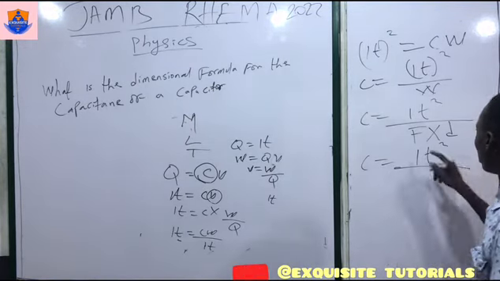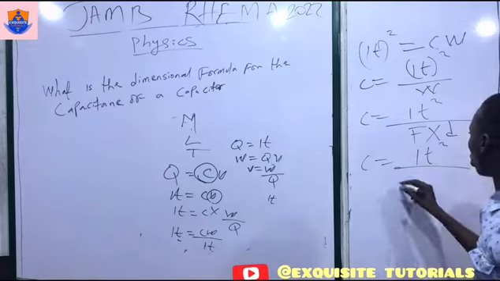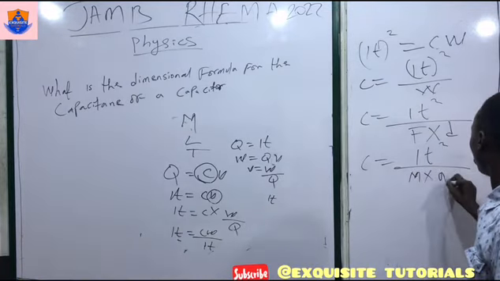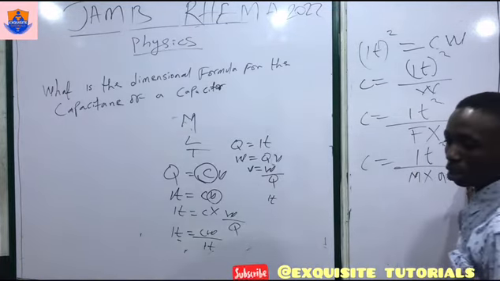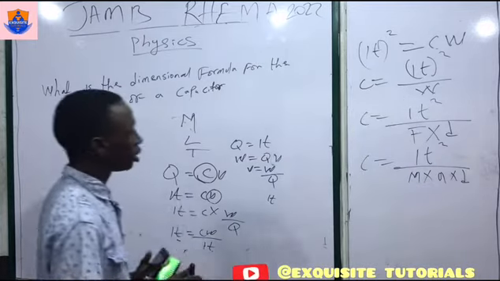Let's simplify force times distance. Force is equals to mass times acceleration, times distance, right? So we can still continue simplifying this.